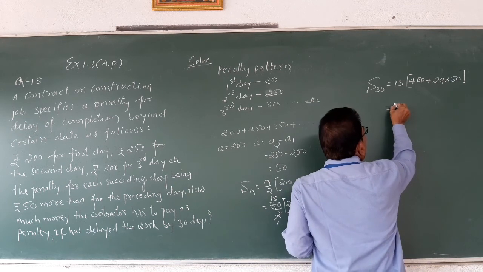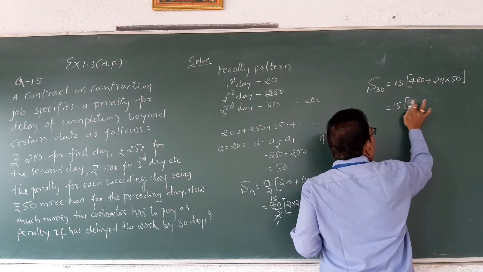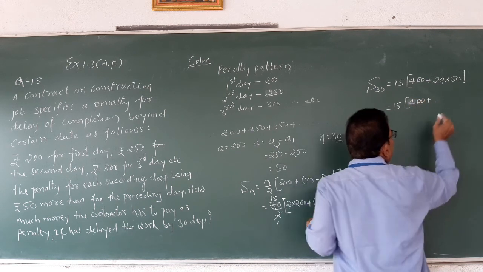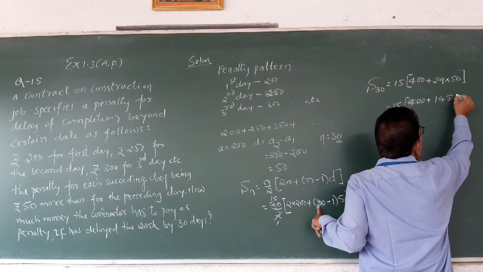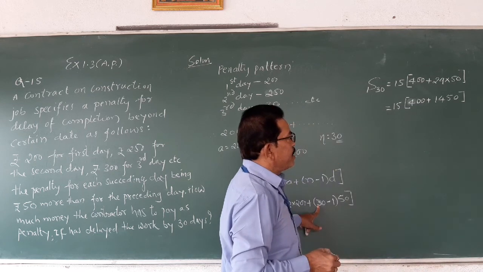So 15 in the big bracket, 400 plus 29 50s are 1450.